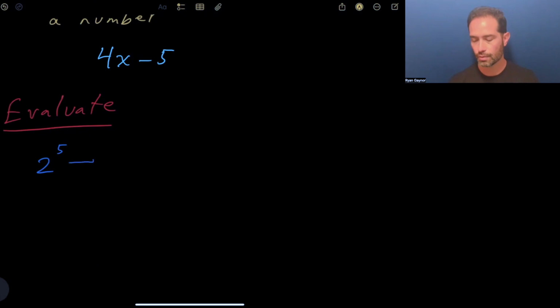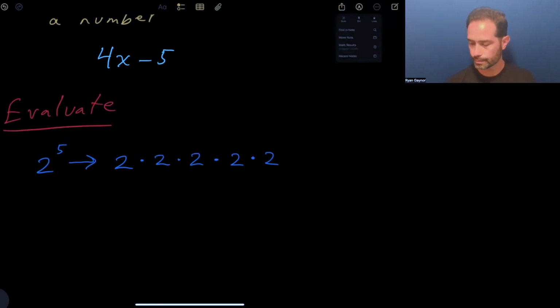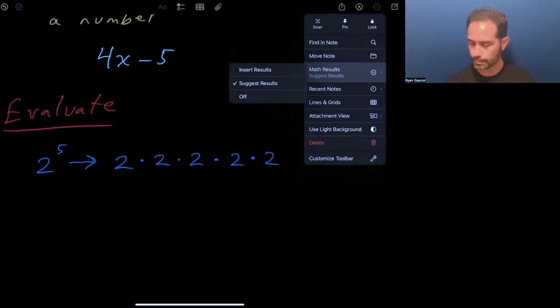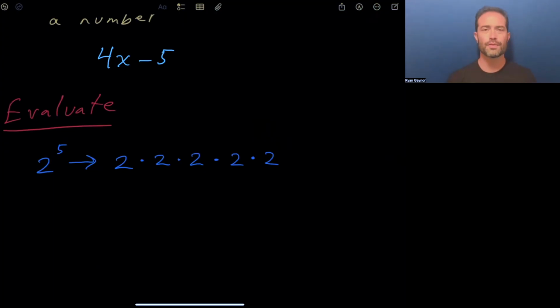So watch. What does 2 to the 5th power actually mean? It means 2 times 2 times 2 times 2 times 2. So you see how there's 5 2's there. So 2 to the 5th power means 2 times 2 times 2 times 2 times 2.